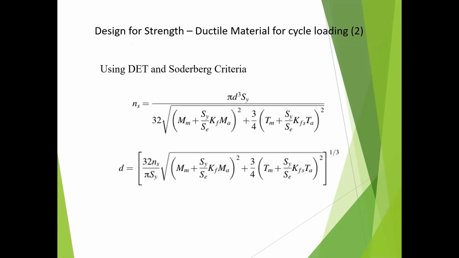The second equation applies if we know the desired safety factor and want to find what we should have, because as mechanical engineers, based on the needs of the customers, we need to decide what material to use and what geometry of the shaft we should have. We are designing things.